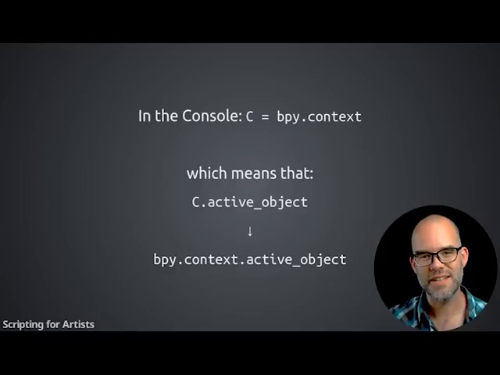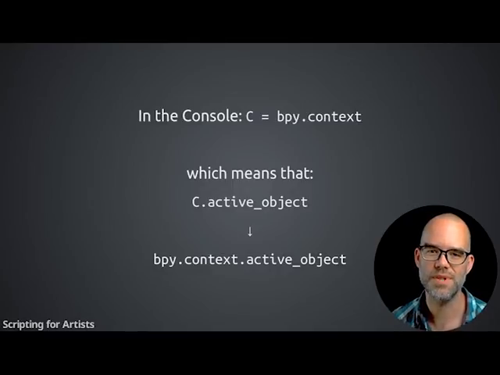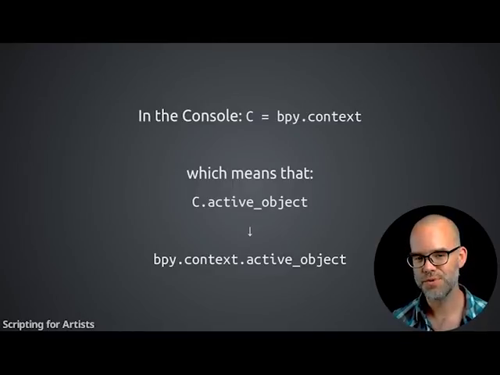This means that in the console, capital C is the same as bpy.context, so you can say capital C.activeObject, which is the same as bpy.context.activeObject. But do know that this capital C is a utility, a useful thing that was given to you by the console. So you can't readily use it in your own script unless you also say capital C equals bpy.context.